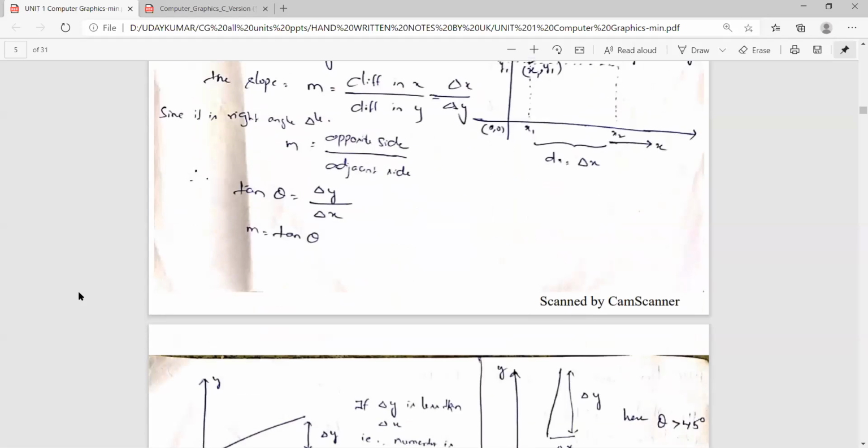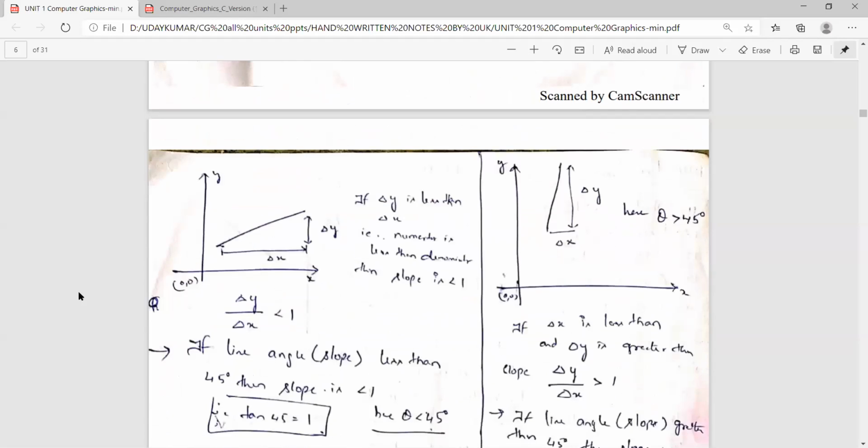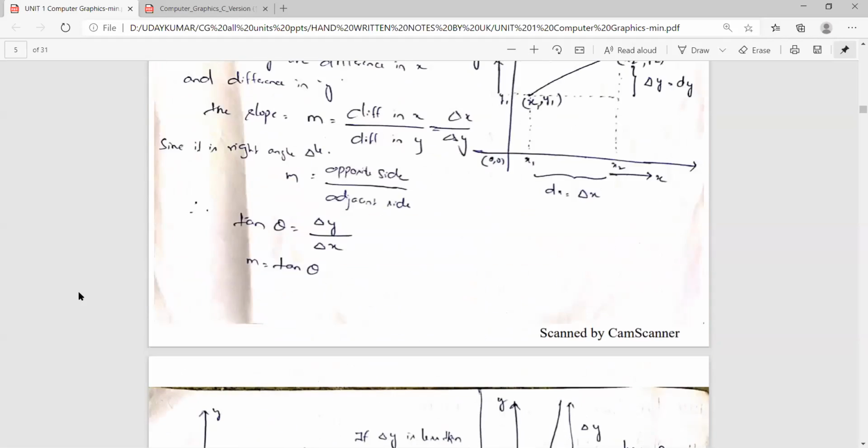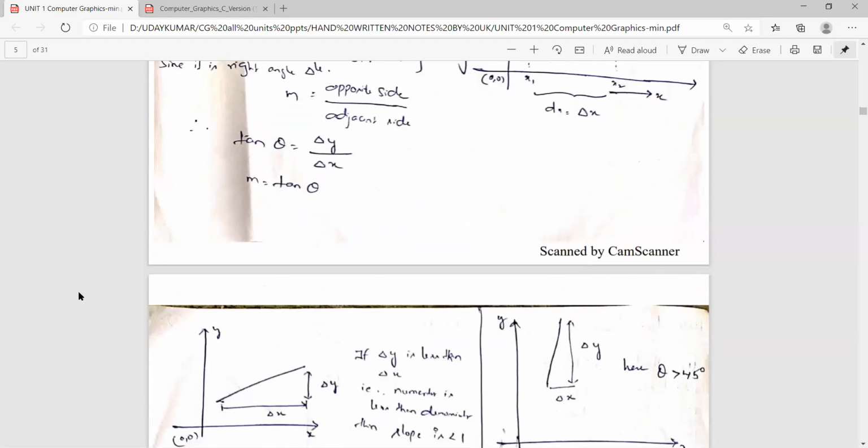Slope equal to tan theta. If both are the same, delta x equal to delta y, then we get the slope value as m equal to tan theta.